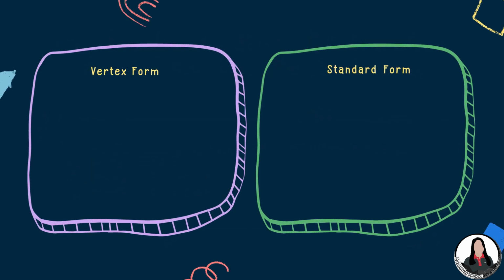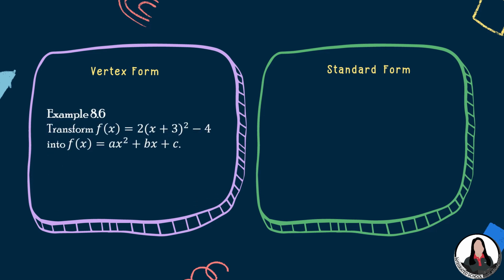So let us proceed. So now, from vertex form, punta tayo kay standard form. We are asked to transform f of x equals 2 times x plus 3 quantity squared minus 4 into f of x equals ax squared plus bx plus c, or simply into standard form. So, para lang makita ninyo kung paano siya gagawin, ang kailangan lang natin gawin is to simplify the function.